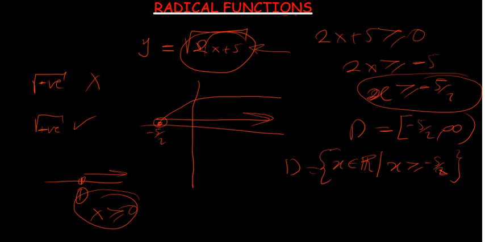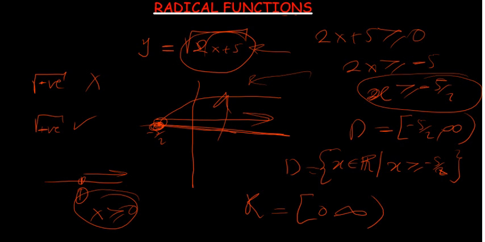Or you can first sketch and then see where the graph is going. Now looking at this one, our range, the smallest y value we have is 0, because on this line our y is 0. So it's from 0 and then it's going upwards. So 0 to infinity. That is going to be our range.